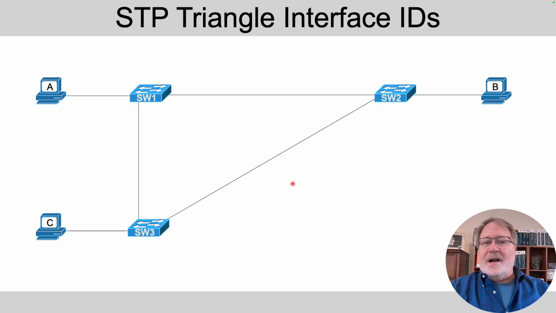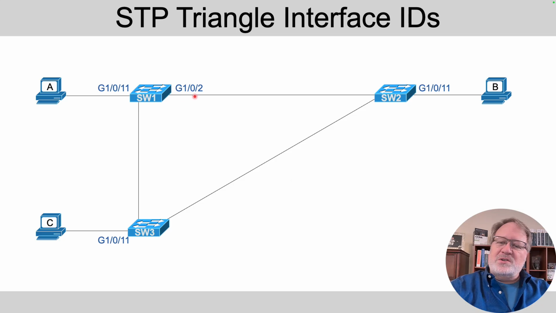Now, throughout this discussion, I'm going to use the same topology in this video and in the next one, with the same interface IDs. So the links connected to 3 hosts are all Gig 1/0/11, and I mostly ignore them. Then the links between the switches, those are the ones that are going to become root ports and designated ports. Here's what I've done. Here on switch 1, notice the interface ID ends in 2.